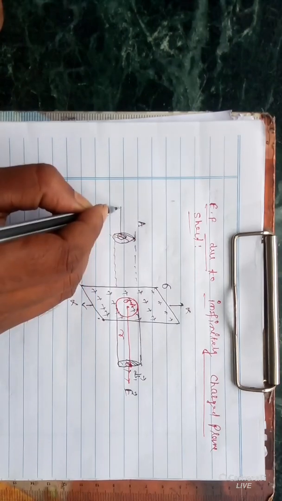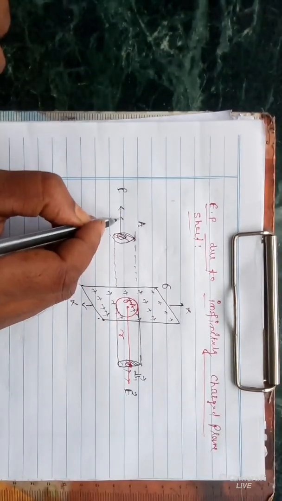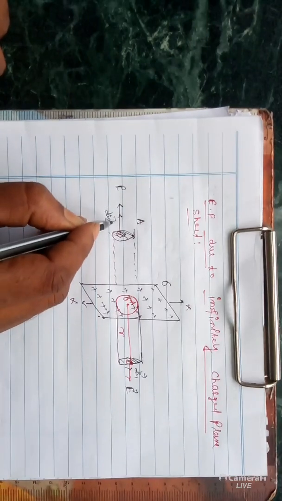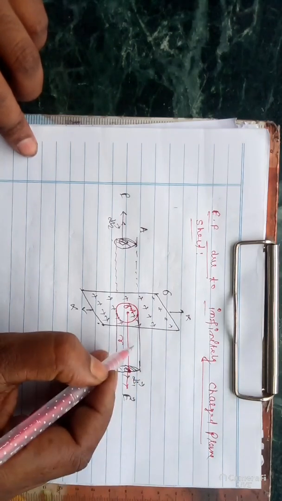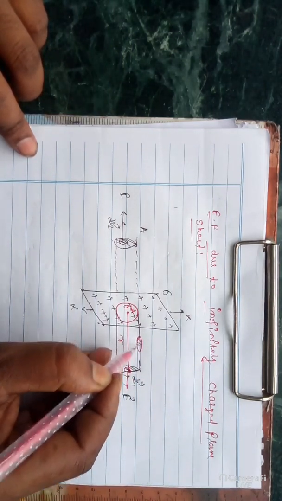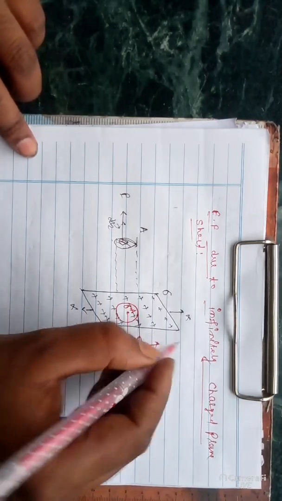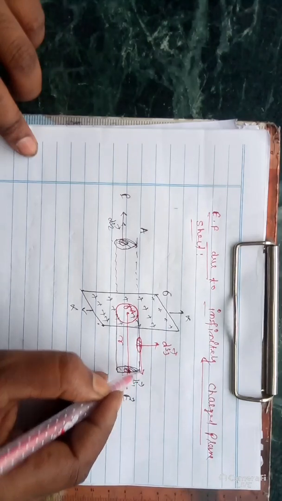This is dS2, electric field along this direction from the positive charge to this side. And the third one is the curved surface. This is dS3. So what is the direction of dS3? dS3 is along this, and electric field will always be along this direction.